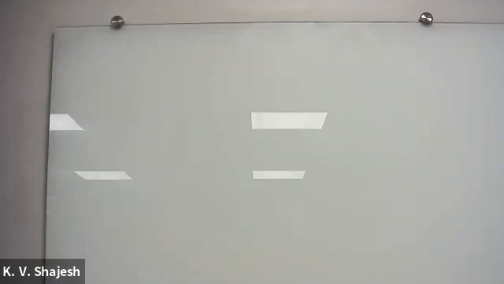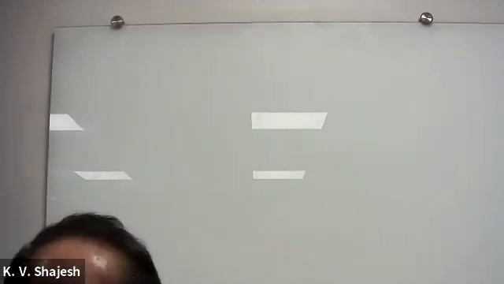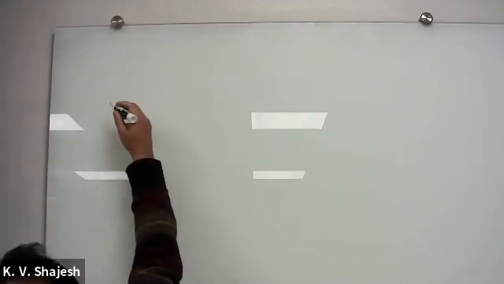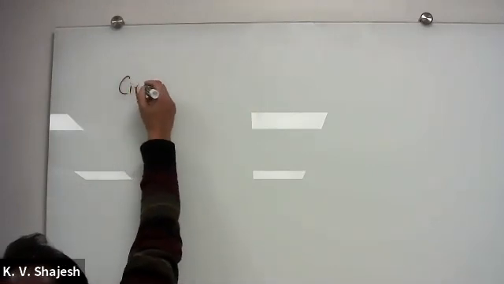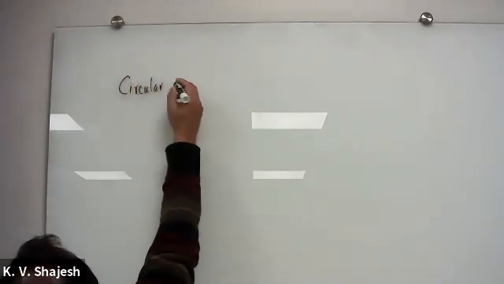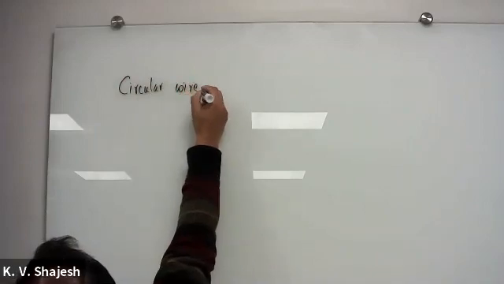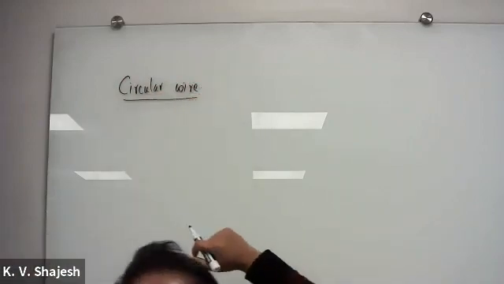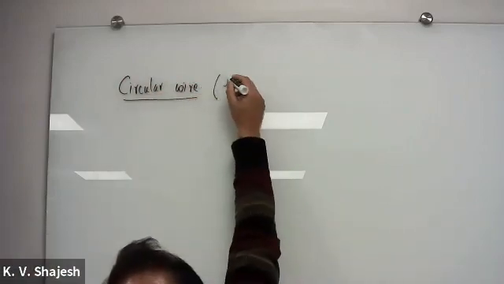Okay, so I don't remember exactly where we were. We were working out the magnetic potential due to a circular wire in the far field approximation, right?